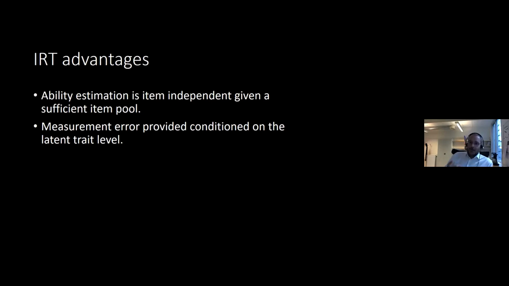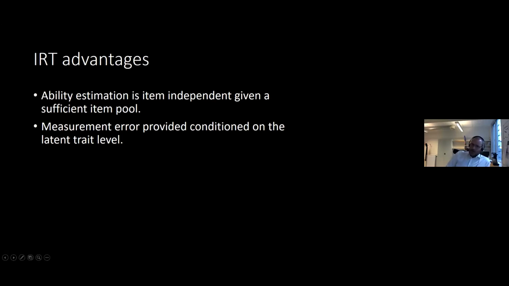It also gives a lot more accurate or sophisticated information when it comes to errors. So in the other approach, which is classical test theory, which is often looking at test level, in item response theory we look at item level data, so we don't summarize it, we look at all items individually, we get a more nuanced error estimate that is conditioned on a latent trait level or our underlying variable.